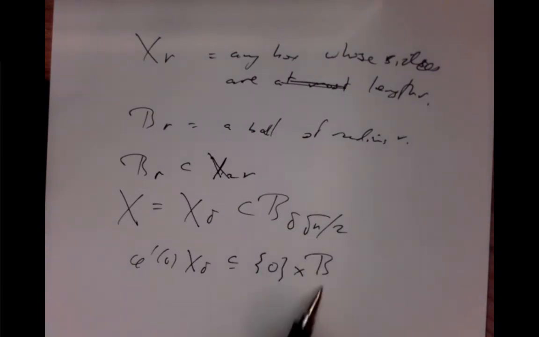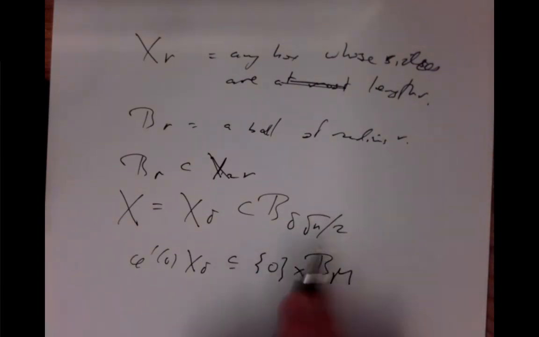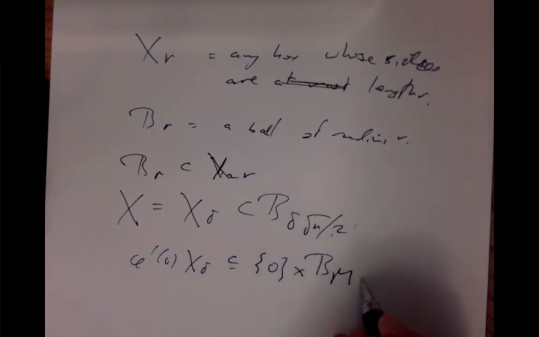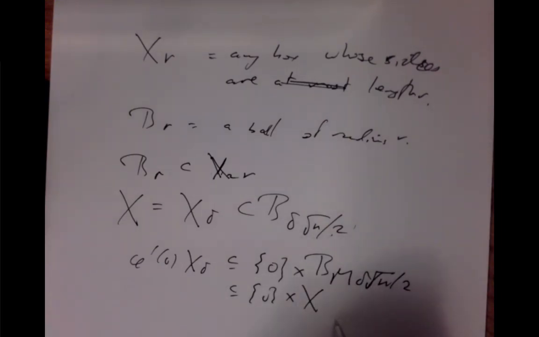The balls stretch only by a factor of m. We said m was the stretch factor. So if that's our input radius ball, our output radius could only stretch by at most this factor. Delta was root n over 2. And that's contained inside some box of twice that size, so m delta root n.